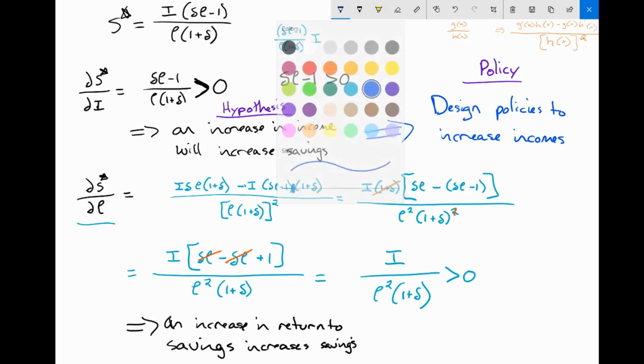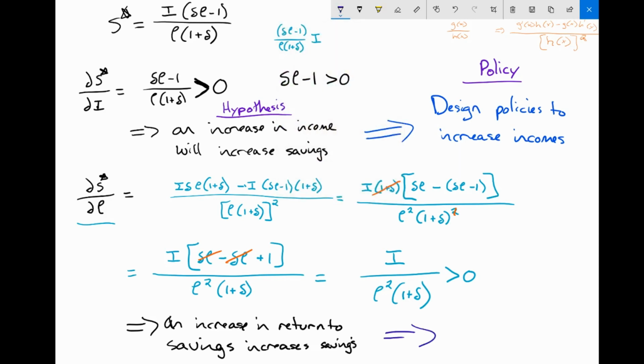Okay, so then the policy is: design policy to increase returns to savings. Okay.